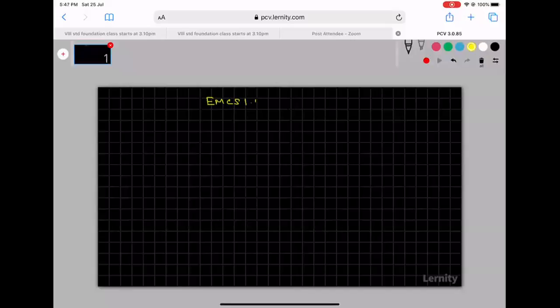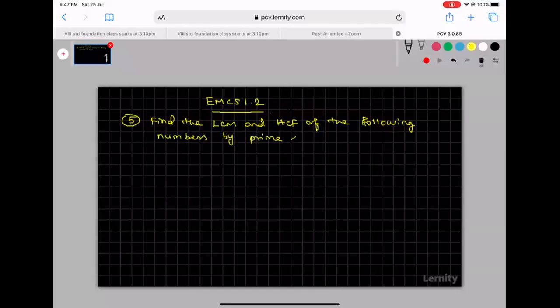Okay, in exercise 1.2, problem number 5, we started: find the LCM and HCF of the following numbers by the prime factorization method.